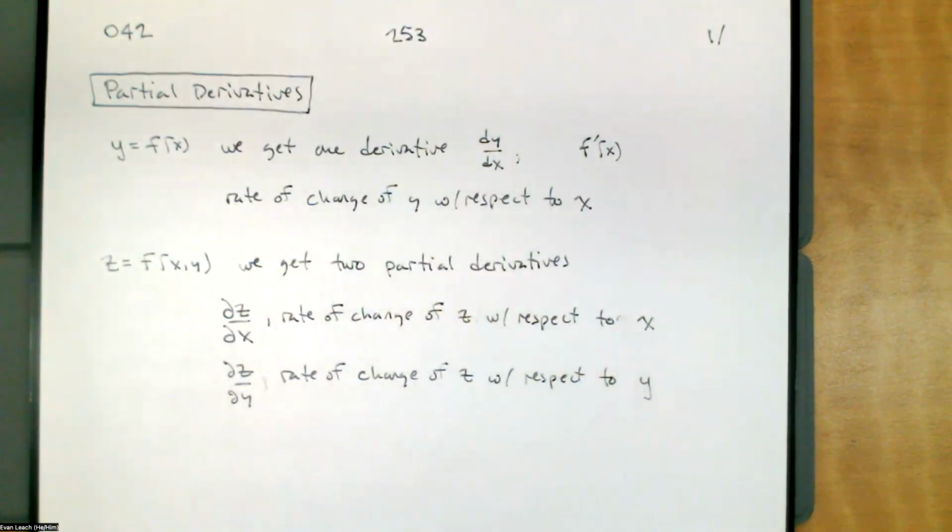So we have two partial derivatives, dz dx and dz dy.